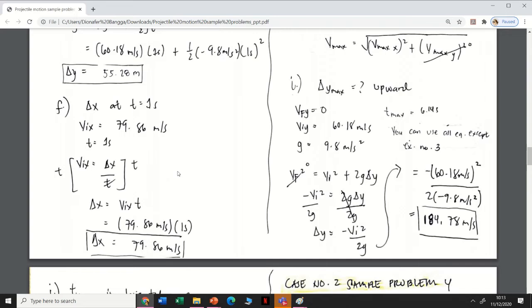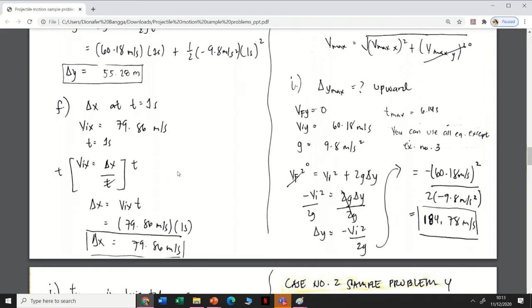And then the VIY, just like how we computed it a while ago from letter A, would give us the value of 60.18 meters per second. And just to mention, guys, I was not able to mention, we consider that this object is an upward projectile.